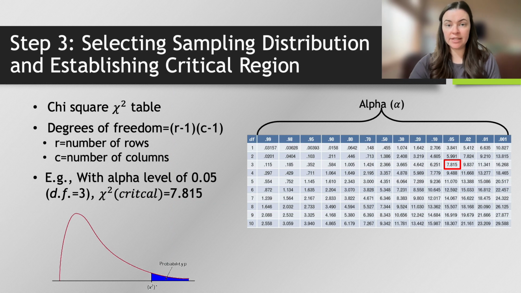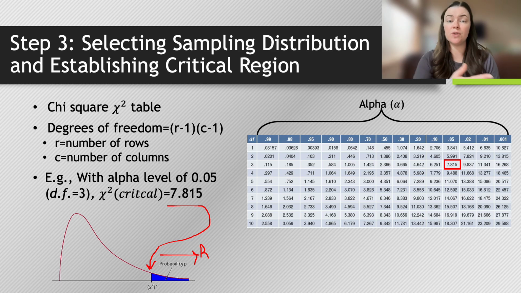Another way to visualize this is, now that we've established our chi-square critical region of 7.815, we can plug this into our barrier of our critical region. And so any value that is greater than 7.815 is going to fall into our rejection zone. And so we will reject the null hypothesis and assume that the two variables are dependent on one another, meaning that they have some sort of association or relationship.